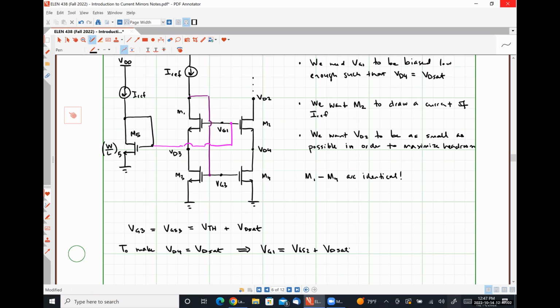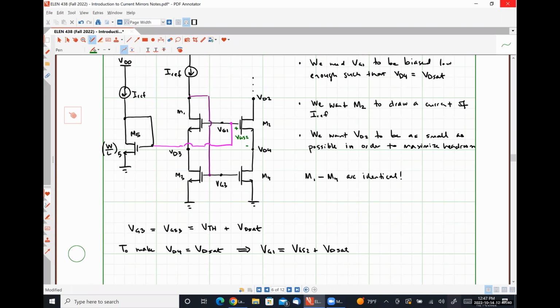All right. So for VD4 to be equal to VD sat, VG1 needs to be VGS2, which is this voltage right here, plus 1 VD sat. Okay, so that checks out to me. If we did Kirchhoff's voltage law, VG1 should be equal to VGS2 plus VD4. And if we want VD4 to be equal to exactly VD sat, then this is the constraint that we have on VG1.